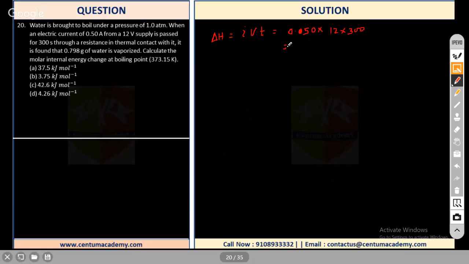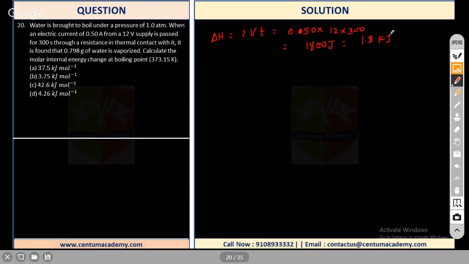And this del H value is 1800 joule, which is nothing but 1.8 kilojoule.